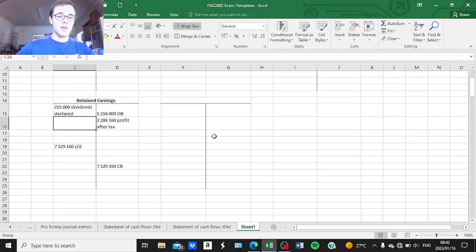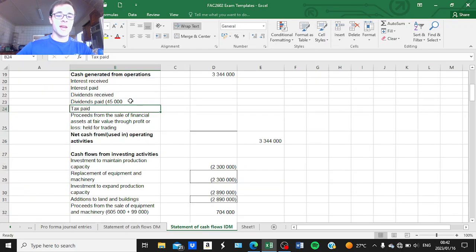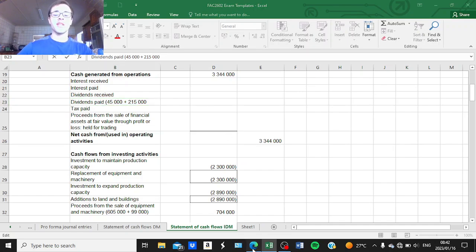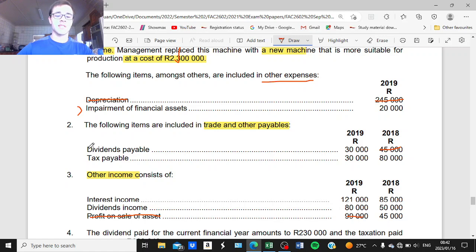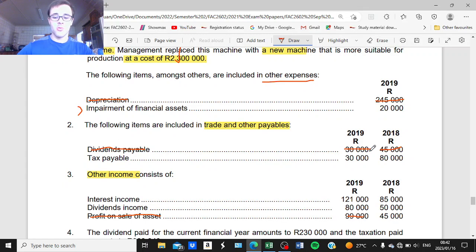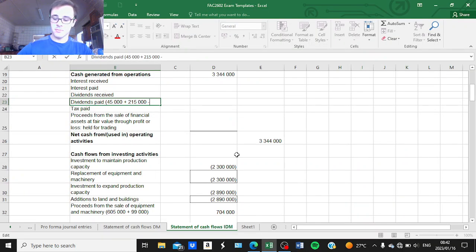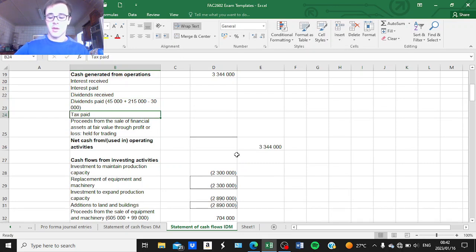So this will be the total dividends declared. All right. So that amount will be added to the opening balance of the dividends payable, which is 45,000. And then we need to subtract the closing balance of dividends payable, because that represents the amount that is part of dividends declared, but that amount has not been paid during the year, which is 30,000. All right.